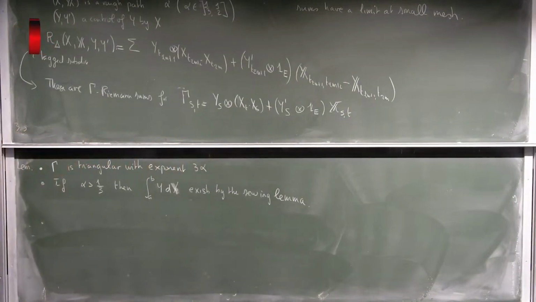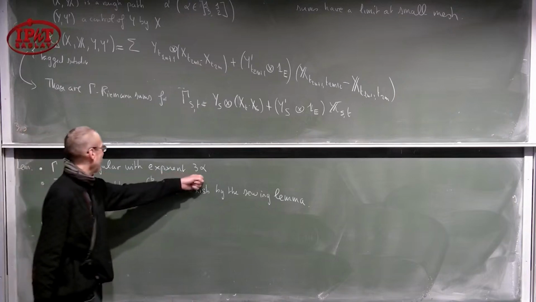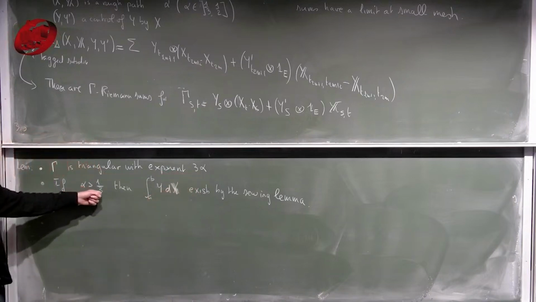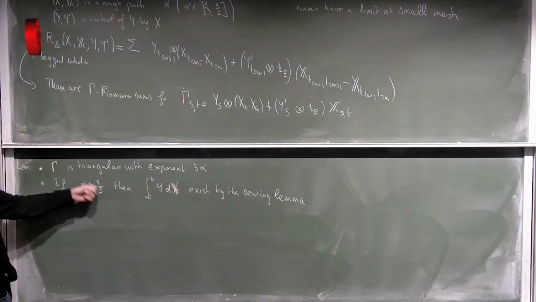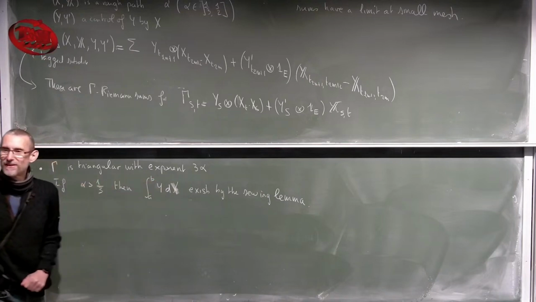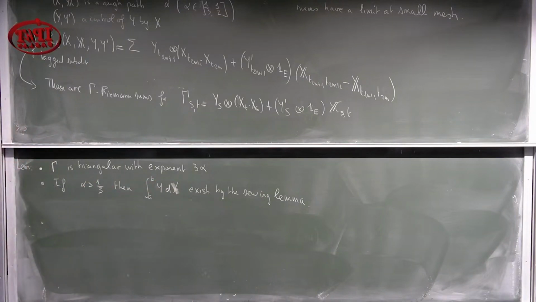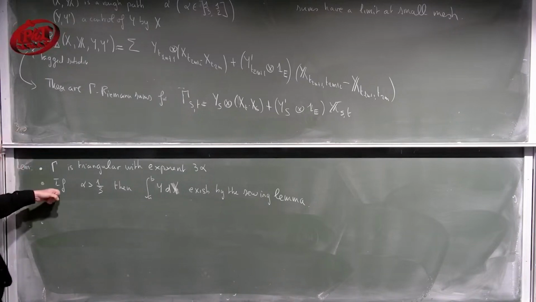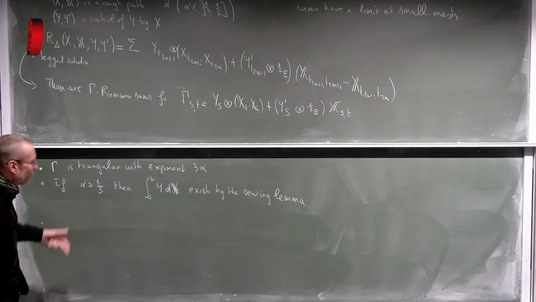So the only thing we have to do is to check that gamma is triangular with exponent 3 alpha, and then if alpha is larger than 1/3, 3 alpha is strictly larger than 1, and so the integral exists, and we don't have anything more to do. This computation is easy, and this is a consequence of the Turing lemma, and we have our integral.